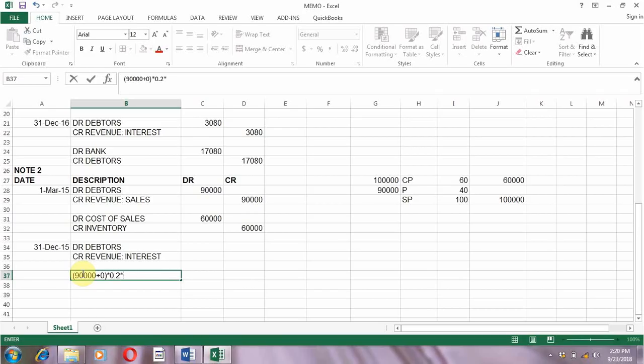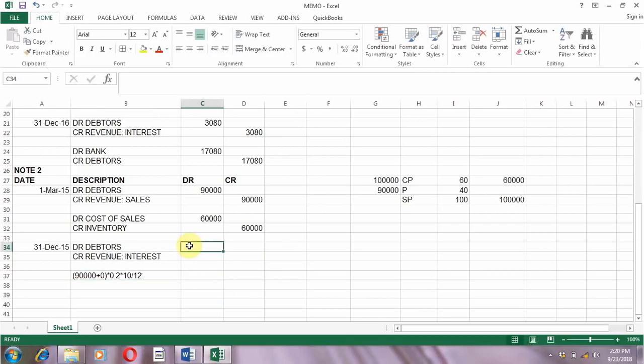And I need to count the months. For how long has the debt been outstanding? And that is March to December. So it's going to count March, April, May, June, July, August, September, October, November, December. That's 10 months. So I'm going to times by 10 out of 12.